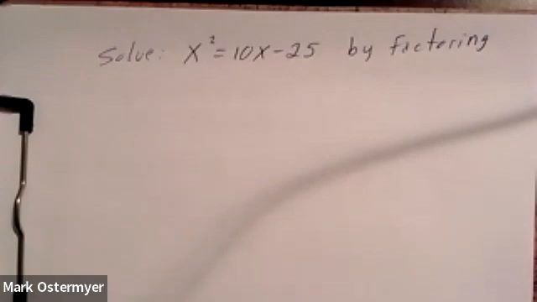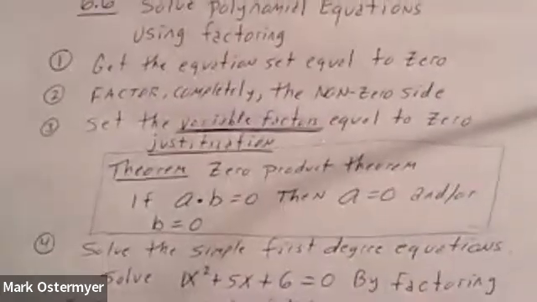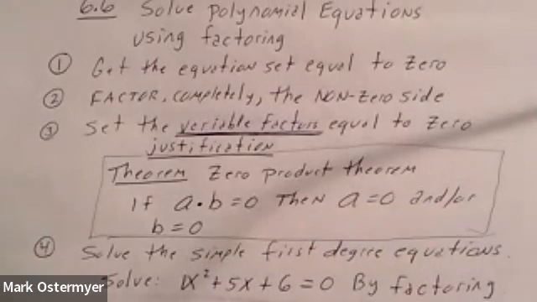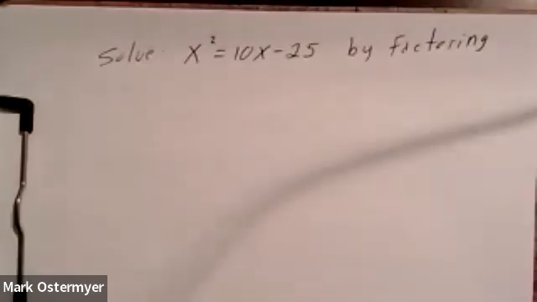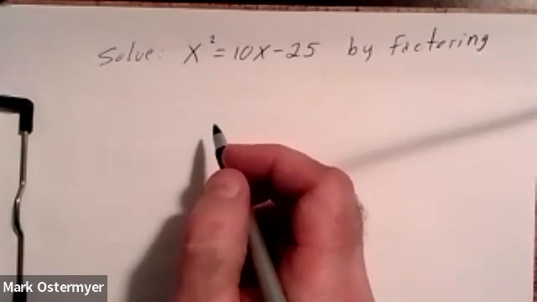What do we have to do to this thing? First, you got to get the equation set equal to 0, and you want to factor completely the non-zero side. So how do I zero this equation out? How do I get 0 on the right side?